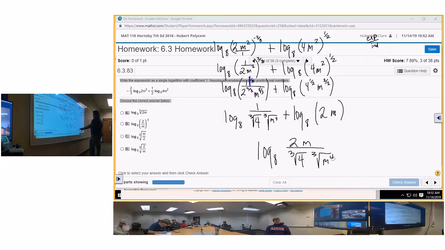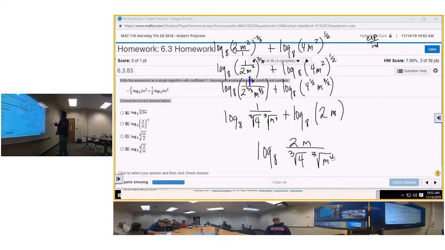Now I can actually cancel some of this, and I could change it back. This would be 2 to the 3/3, and this would be 2 to the 1/3, or 4, I'd have to change that to 2, so that'd be 2 to the 2/3, which I had up here.